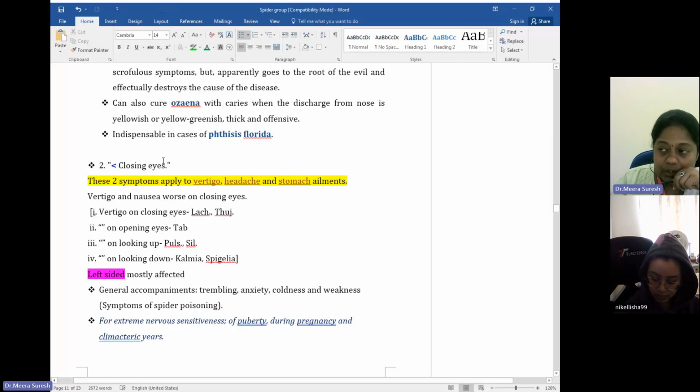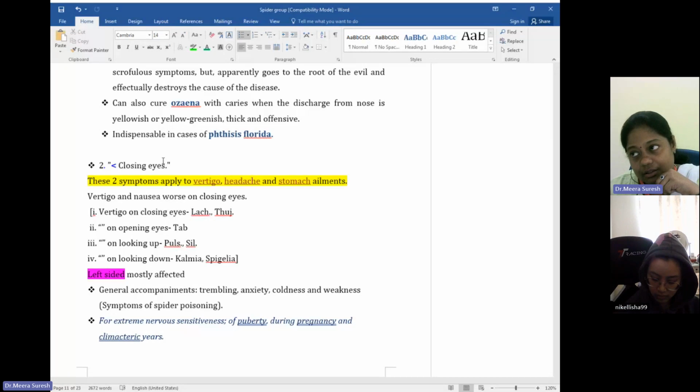Motion is their problem. They close their eyes to avoid seeing the motion, but closing the eyes can produce vertigo and nausea, which makes them deathly sick, deathly nauseating.